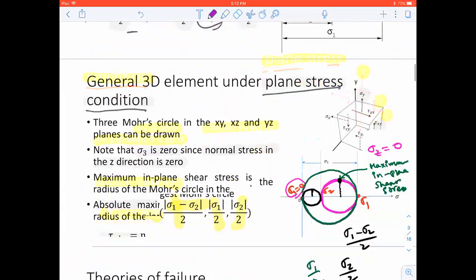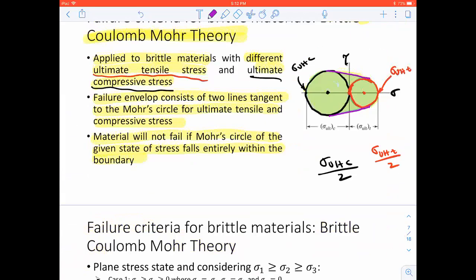So say your Mohr circle looks something like this. This purple circle falls within this yellow shaded envelope that I have created. Then we will say that structure will not fail.